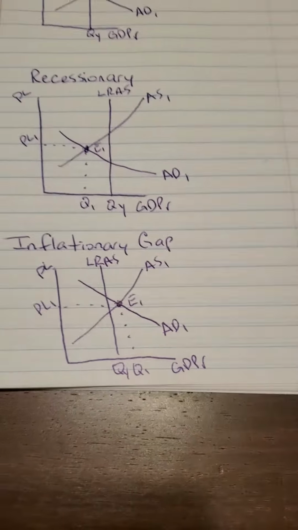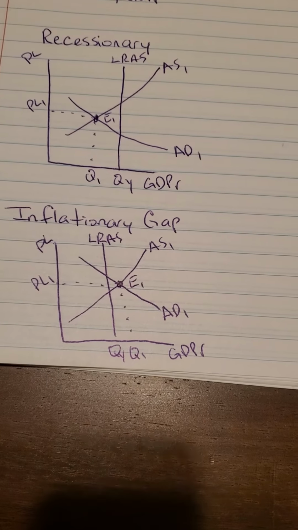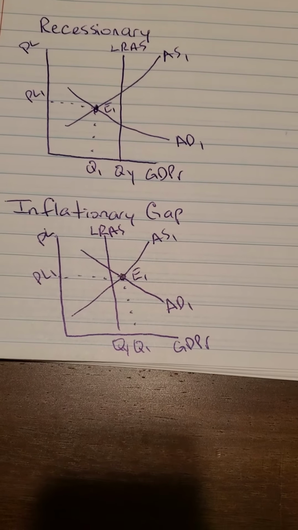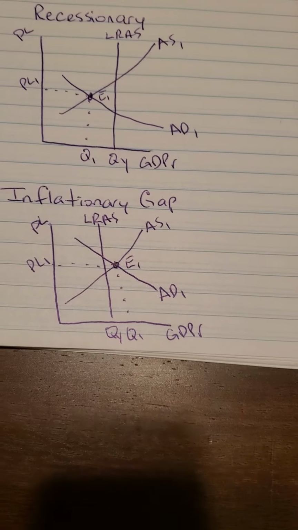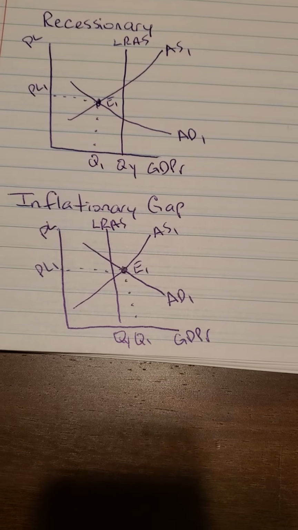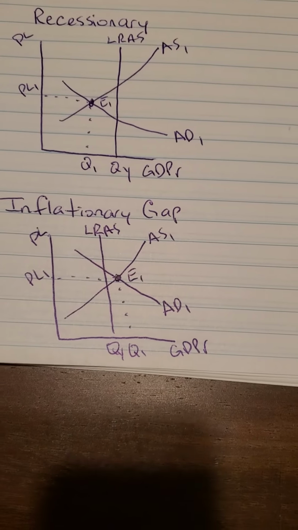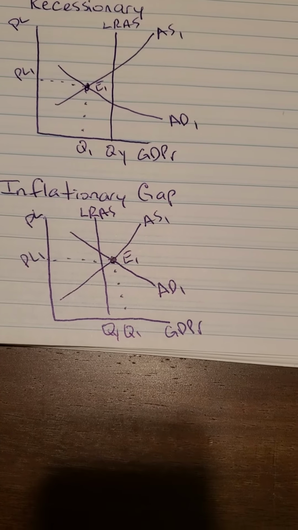Again, it means that our economy is overextended. We're pushing ourselves too much. Our unemployment rate is lower than the natural rate of unemployment, so it's lower than 4%. So we could be at 2%, at 1%, at 0%. We need to slow things down. This is not where we want our economy to be.